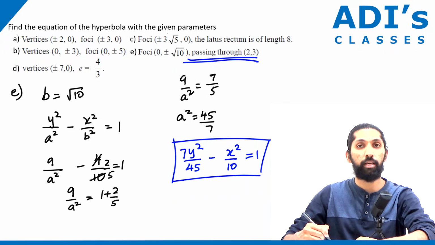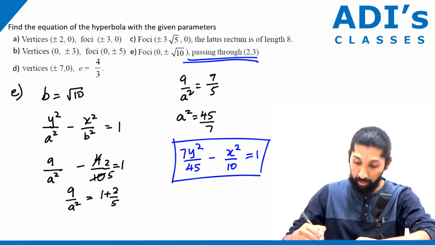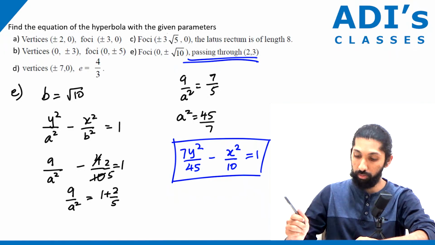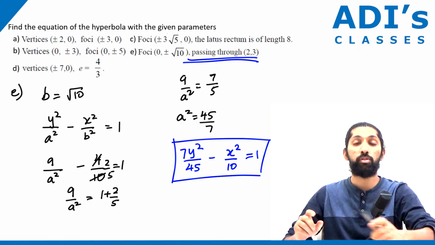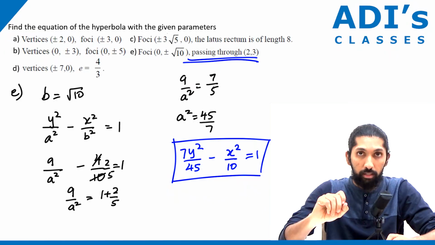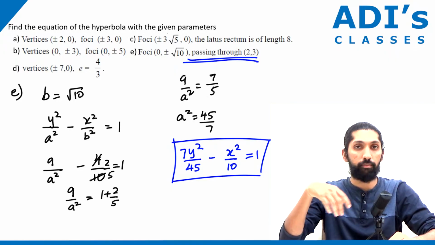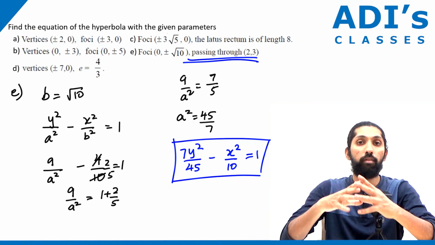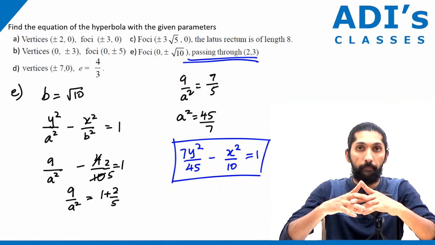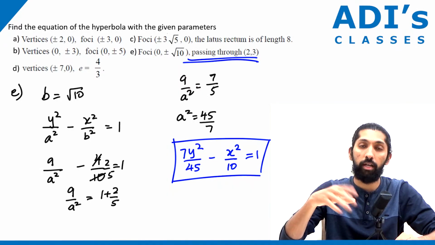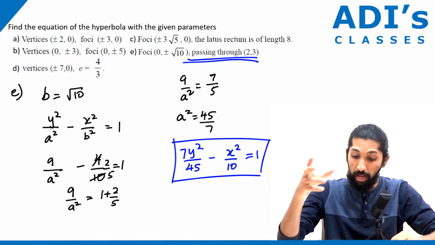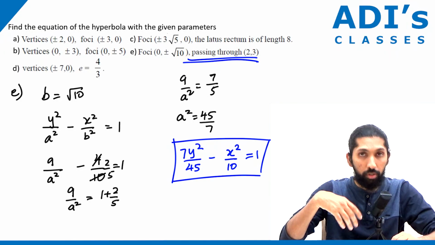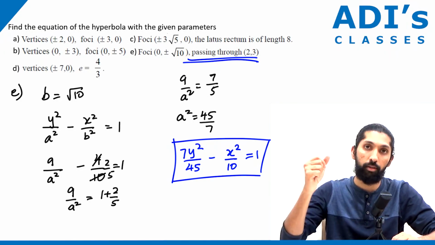See, y square by a square minus x square by b square is equal to 1. So this is the answer for the fifth question. Clear? Now, all these problems, you have different values and different types of parameters, and with the help of those, you can get the equation of the hyperbola.